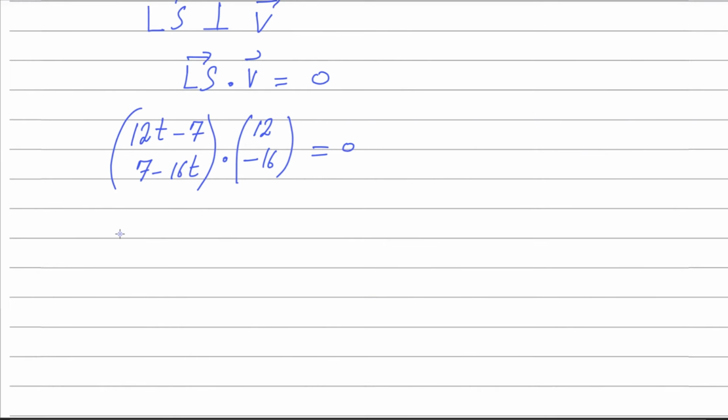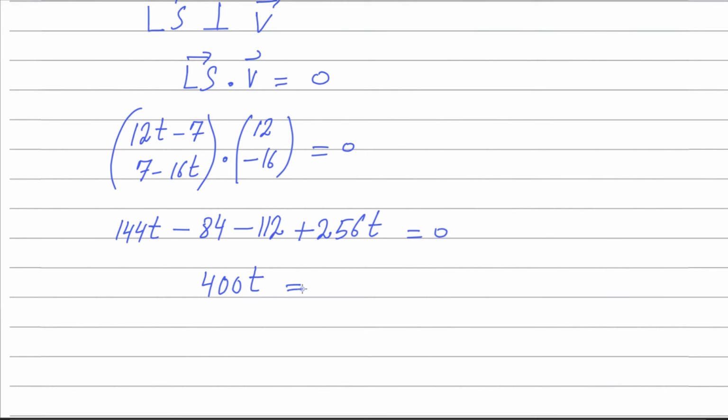12 multiplied by 12 is 144t, minus 84, then 7 multiplied by minus 16 gives you minus 112, and minus and minus makes plus, 16 multiplied by 16 is 256t, equals 0. 144 plus 256 gives you 400t, and negative 84 minus 112 gives you minus 196.